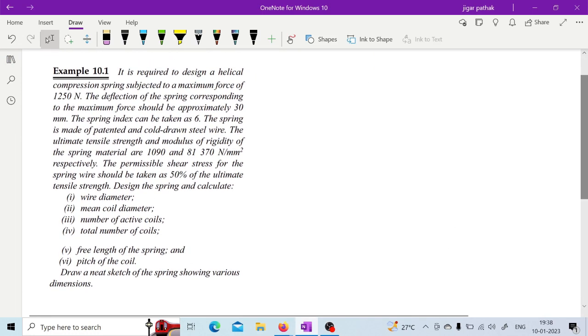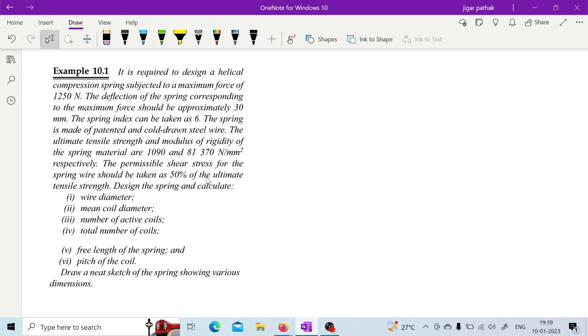What this numerical says is: it is required to design a helical compression spring subjected to a maximum force of 1250 Newton. The deflection of the spring corresponding to the maximum force should be approximately 30 mm. The spring index can be taken as 6. The spring is made of patented and cold drawn steel wire. The ultimate tensile strength and modulus of rigidity of the spring material are 1090 and 81,370 Newton per mm square respectively.